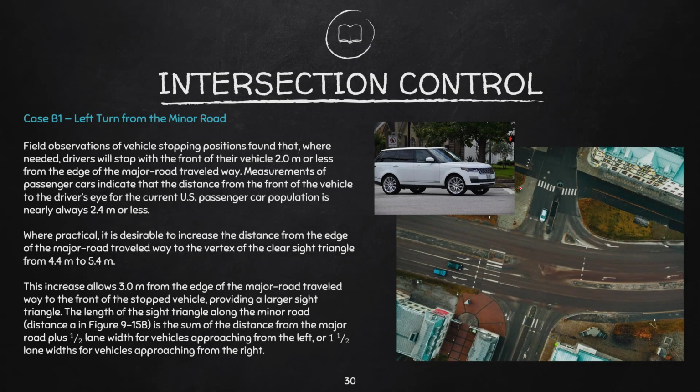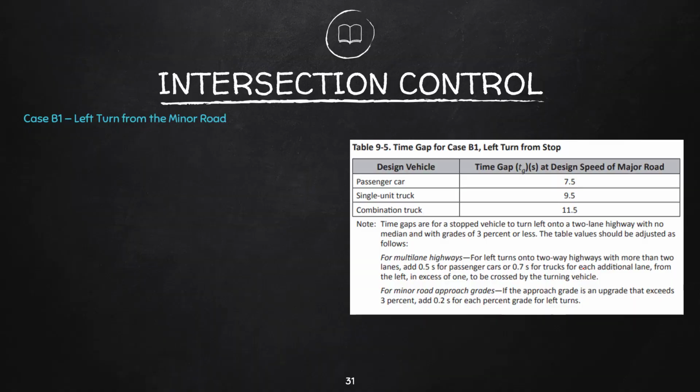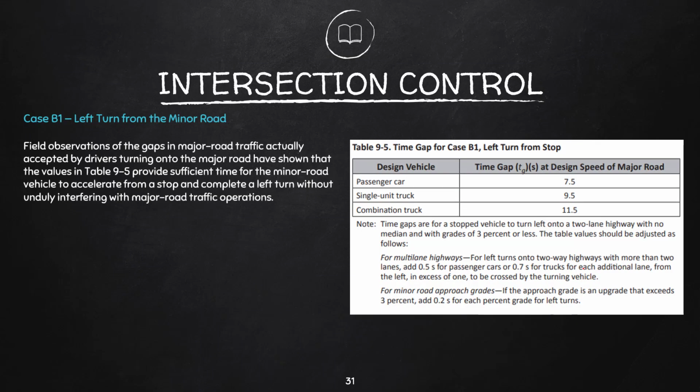For example, for him to be able to complete this maneuver, he needs 7.5 seconds from this table. For a passenger car, of course, that will be different for a single unit truck, and a combination truck is provided for considering different types of vehicles.